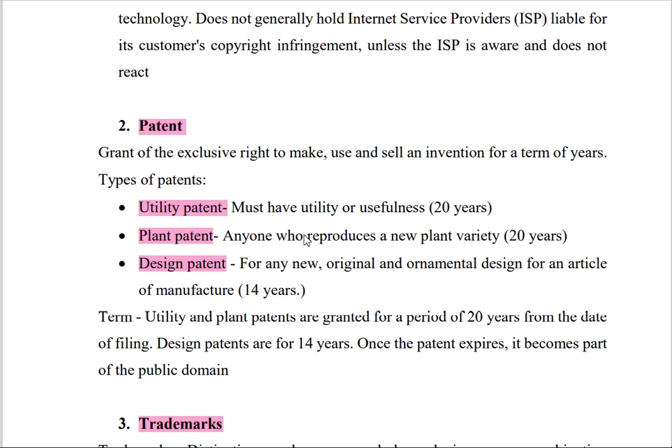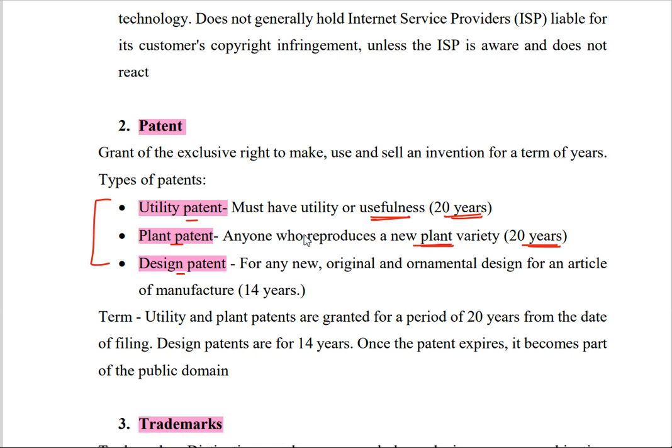Patents. We have three kinds of patents: utility patent, plant patent, and design patent. Utility patent is for your invention for usefulness, and this is given for 20 years. If you find or reproduce a new plant, you get a plant patent that's valid for 20 years.